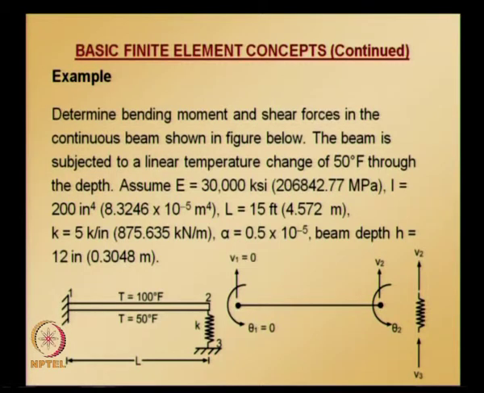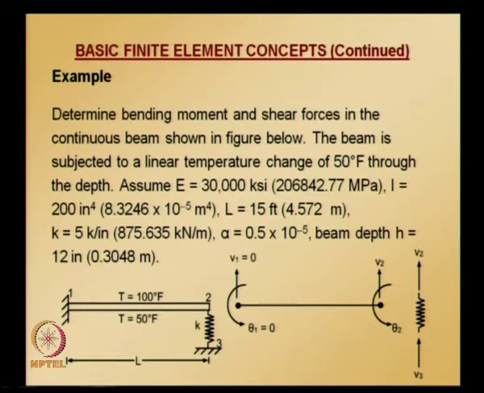Since this is a beam element, at node 1 we have 2 degrees of freedom, V1 and theta 1, and at node 3 we have only 1 degree of freedom, the displacement along the axial direction of the spring. At node 2, since it is a part of both beam and spring element, it is going to have 2 degrees of freedom, rotation and also transverse displacement.